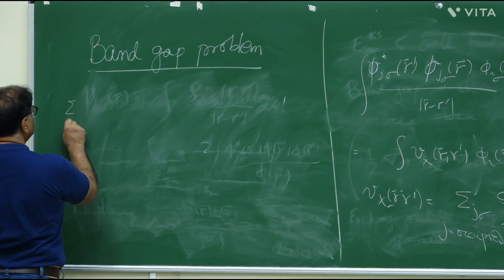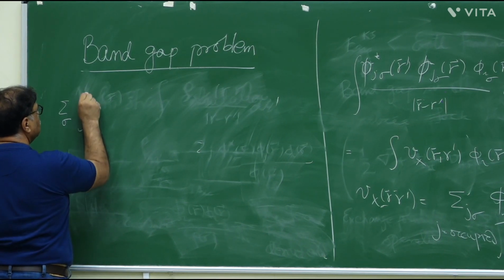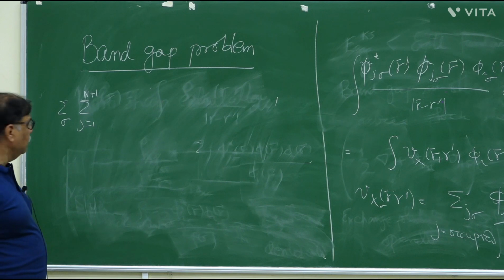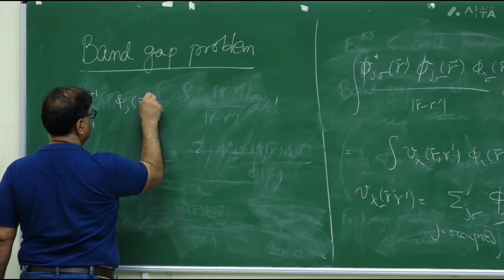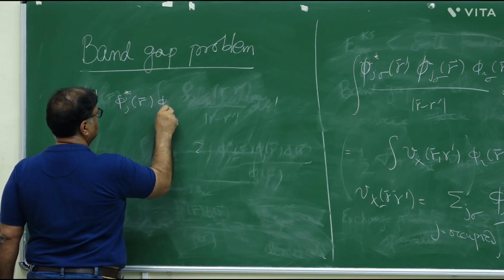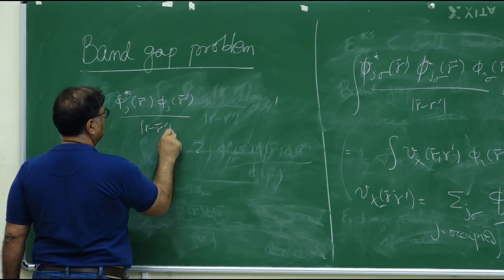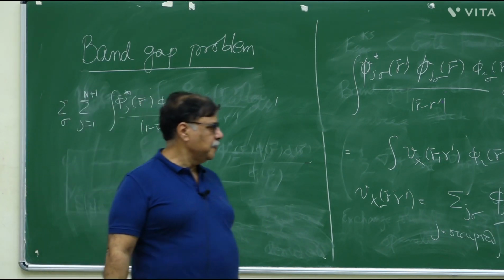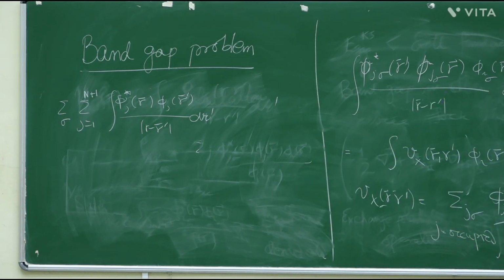So let me write this as summation sigma summation j equals 1 through n plus 1, okay? Phi j star r, phi j r prime over |r minus r prime| dr prime, and let me do the same thing here.